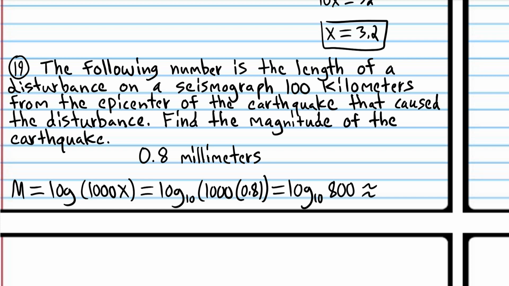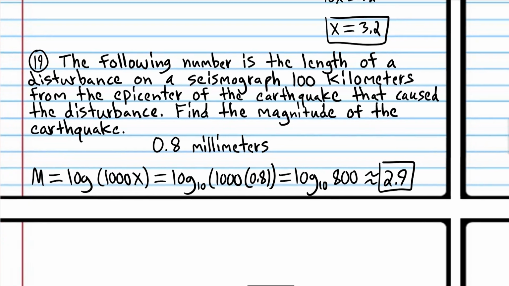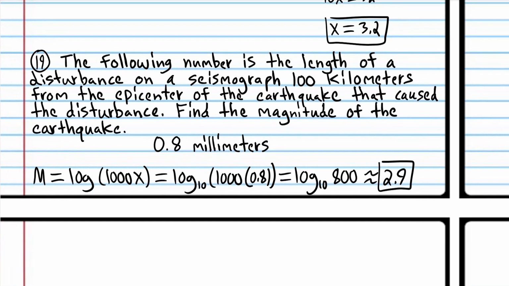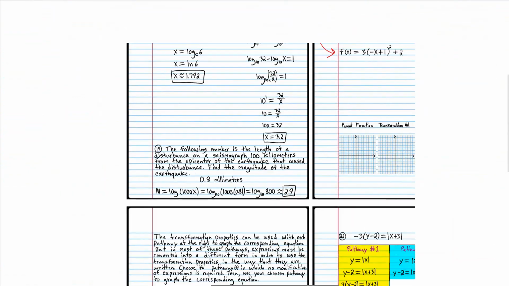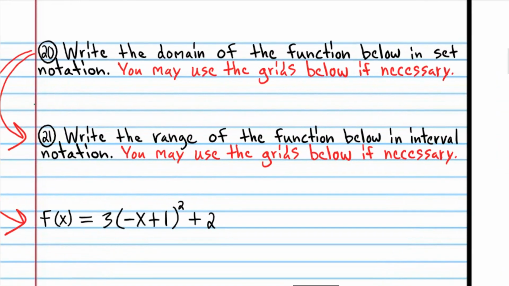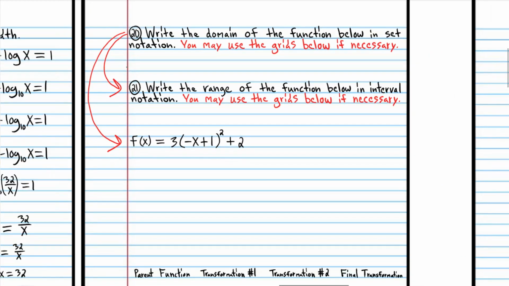So approximately equal to 2.9. That's good enough. It doesn't tell us what to round off to. So that is the magnitude of that earthquake. If you got that one right, good job. Okay, go ahead and try number 20, and when you come back, we'll do it together.